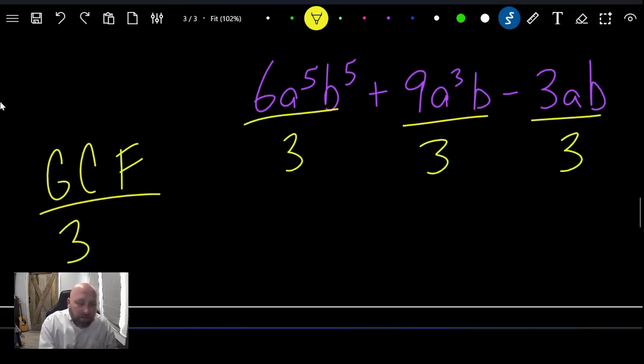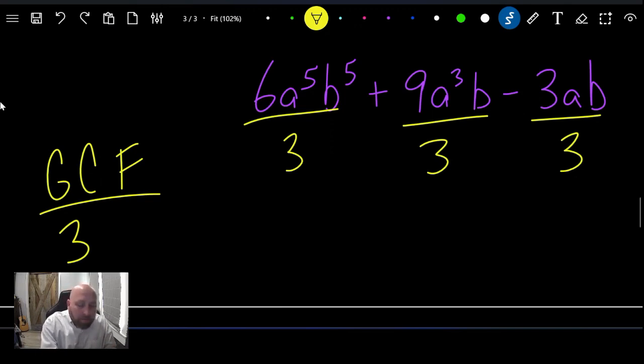All right, now let's look at the letters. So we'll start with the A's. We'll look at A to the 5th, A to the 3rd, and A. Now let me tell you a trick about the letters. The letter is always going to be the one with the smallest exponent.